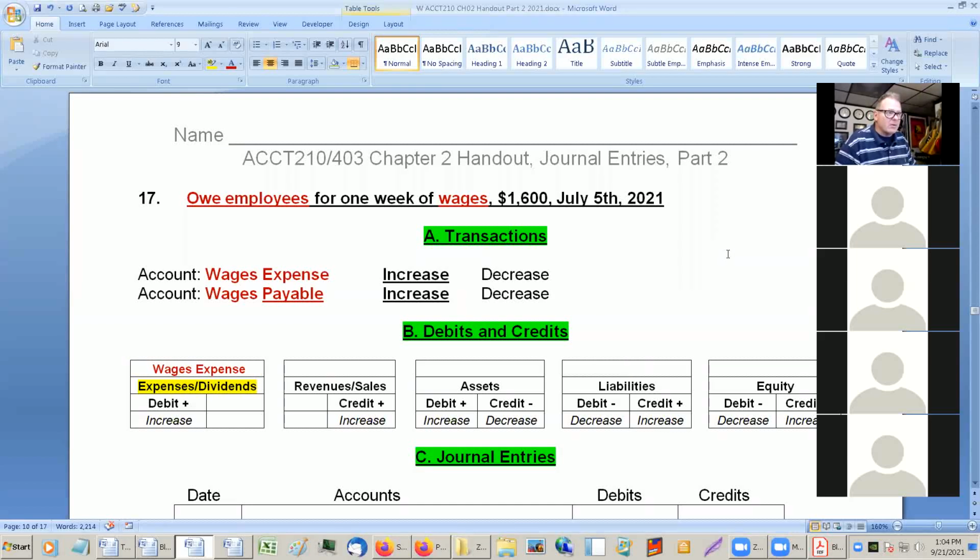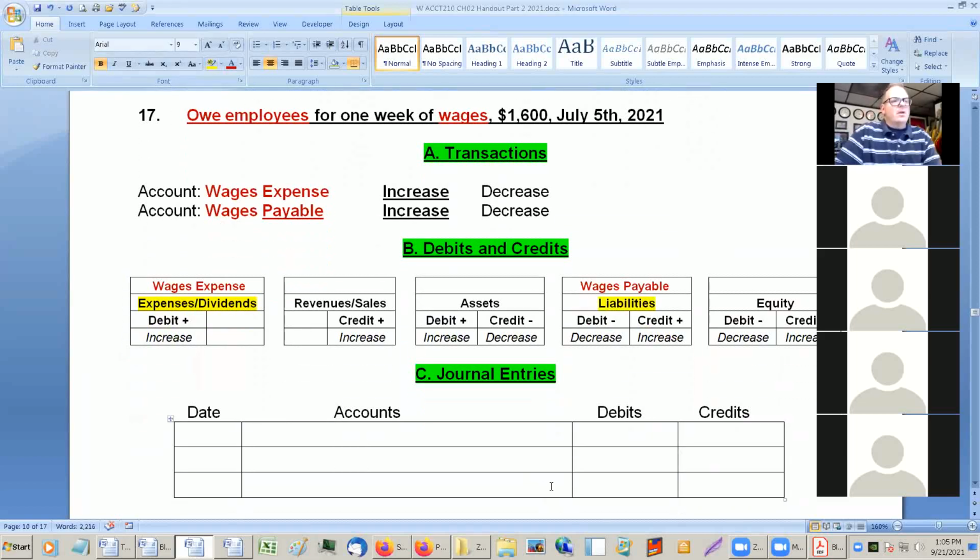Okay, so we just pay it. Okay, and again, here's the beauty of running into an expense.